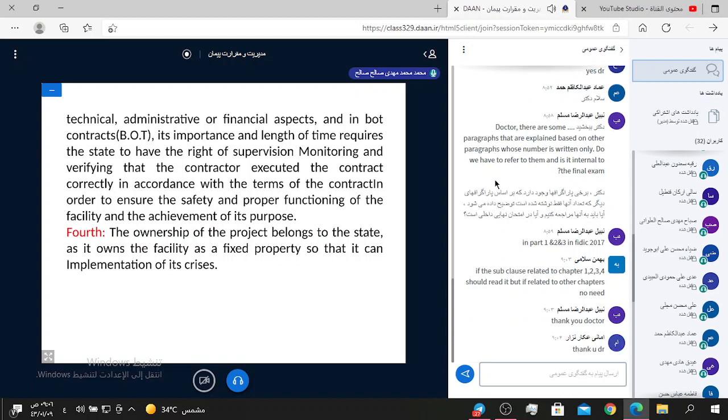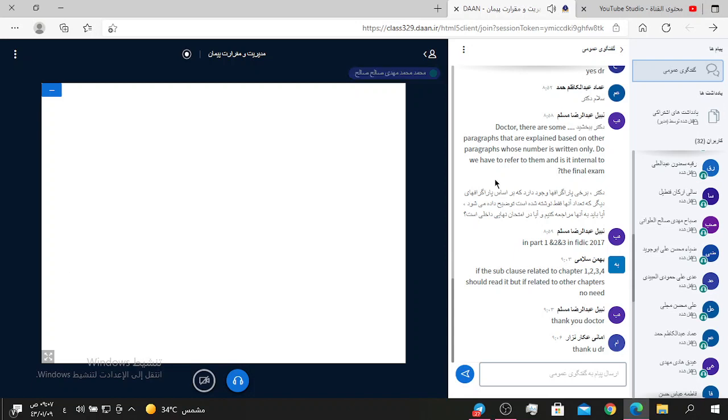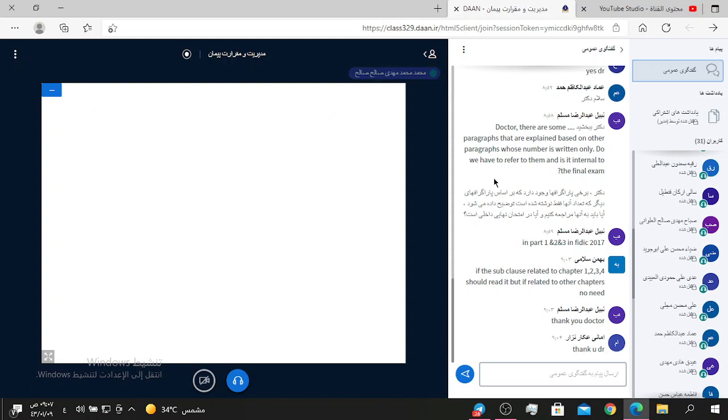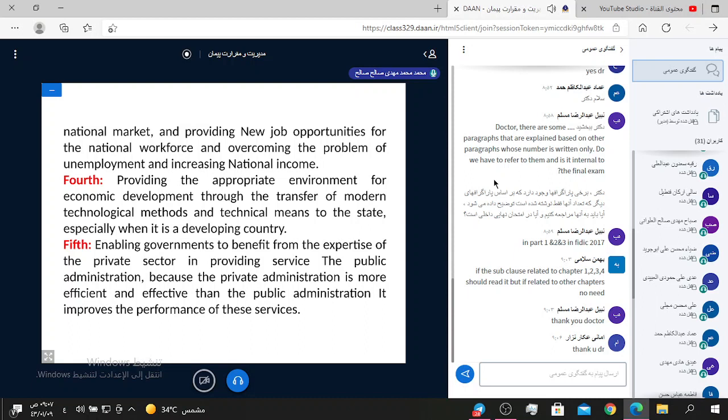Third, establishing new projects and thereby injecting new funds into the national market, and broadening new job opportunities for the national workforce, overcoming the problem of unemployment and improving the national economy.